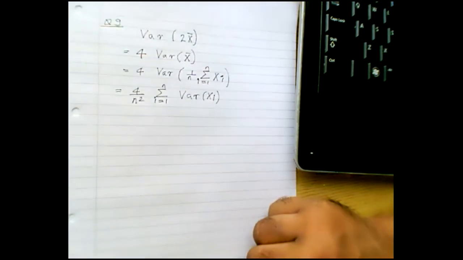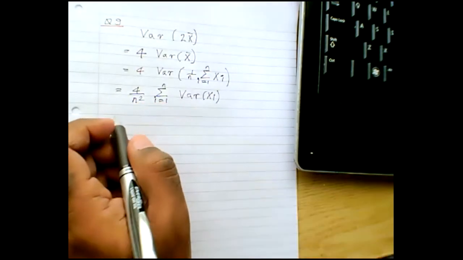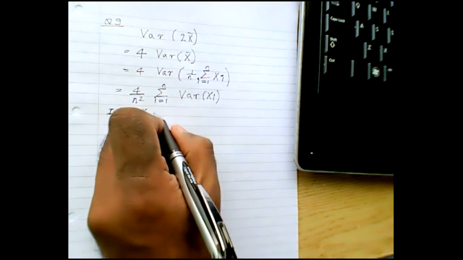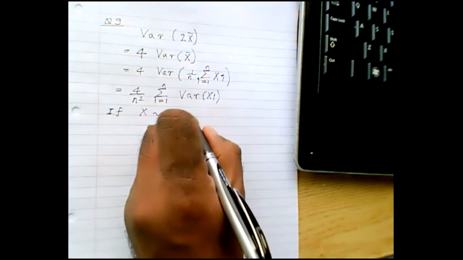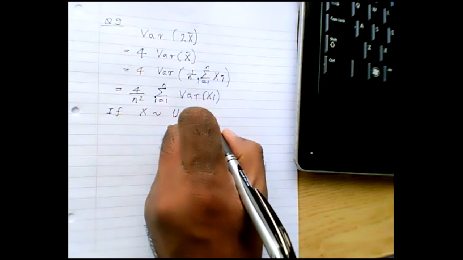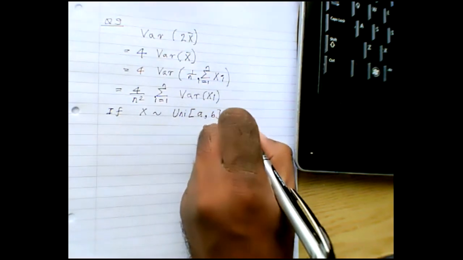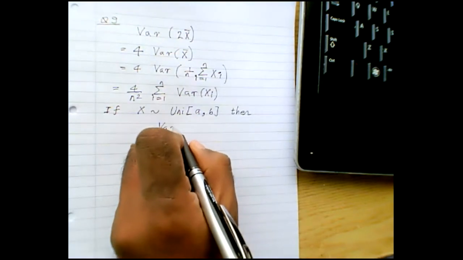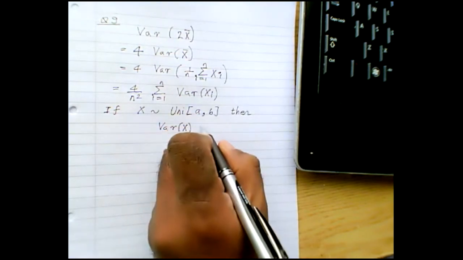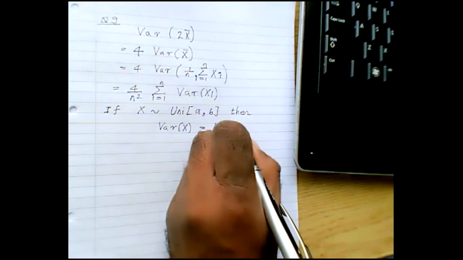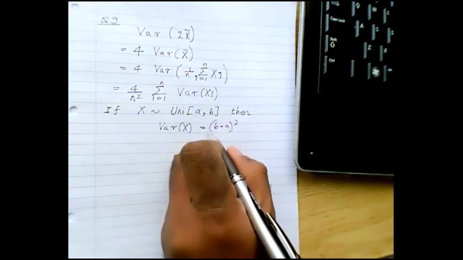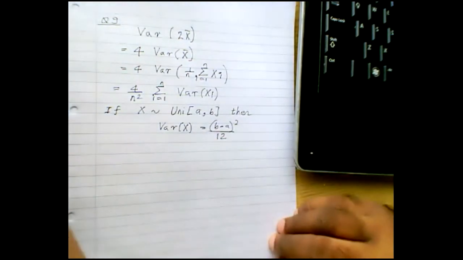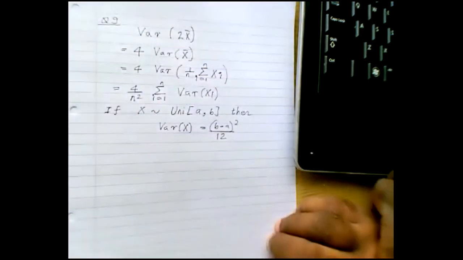Now I'm sure you guys know that if you have a variable x that has the uniform distribution on the interval a to b, then the variance of x is equal to this, right? Do you remember this, guys, or not?